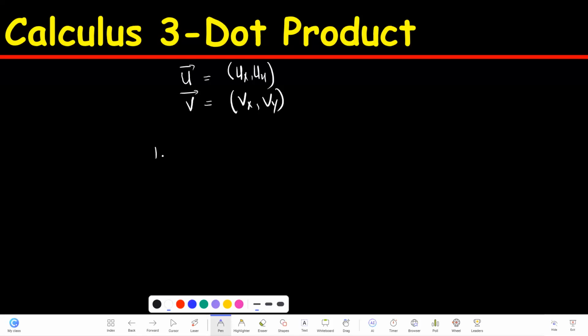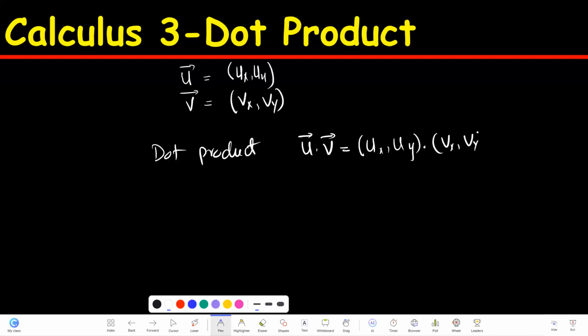If I want to do the dot product, u dot v is equal to, what exactly do you have to do? You have to multiply like this, ux comma uy dot vx comma vy. Multiply this to that, and multiply this to this.